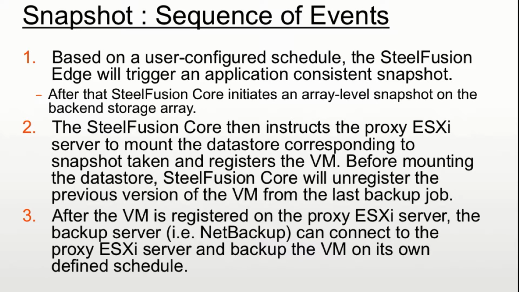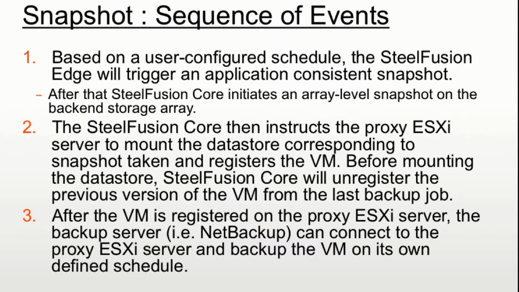So what is the sequence of events when we take application consistent snapshots? Step number 1. Based on the user configured schedule, the SteelFusion Edge will trigger an application consistent snapshot. After that, the SteelFusion Core initiates an array level snapshot on the backend storage.